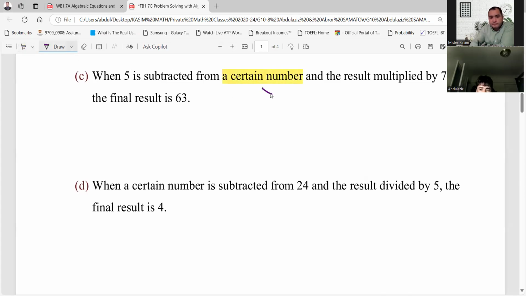Now tell me the equation. x minus 5, multiplied by 7. Multiplied by, you just write it in the front, right? 7 times (x minus 5), and the result is 63, right? Yeah. Good.